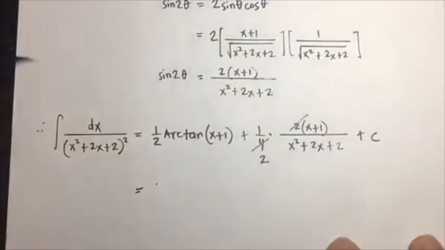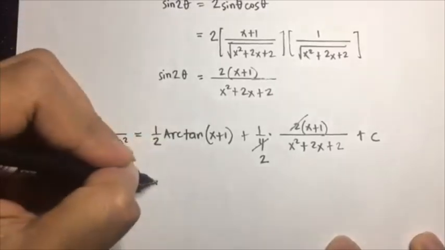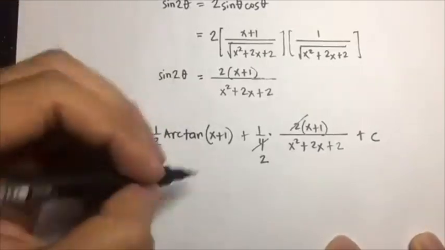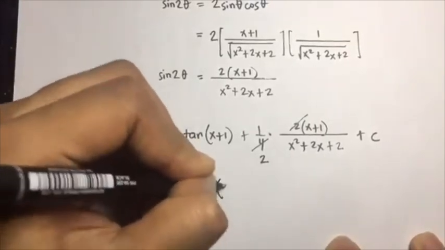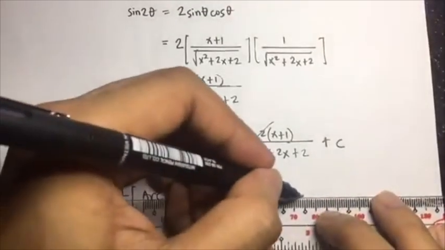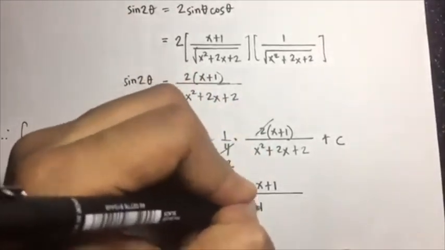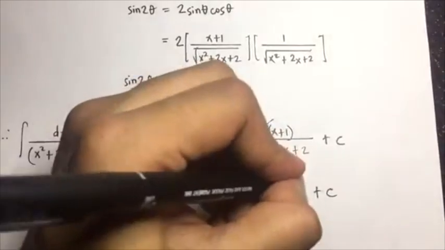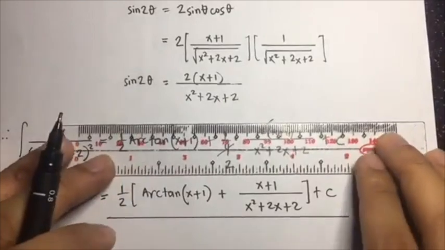So we can factor out 1/2: 1/2 of arctan of x plus 1 plus x plus 1 over x squared plus 2x plus 2, plus c. So this is now our final answer.